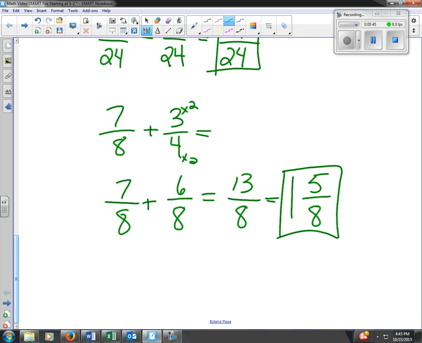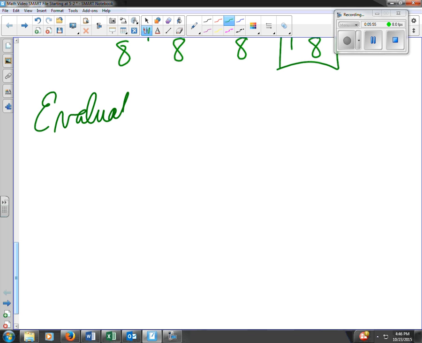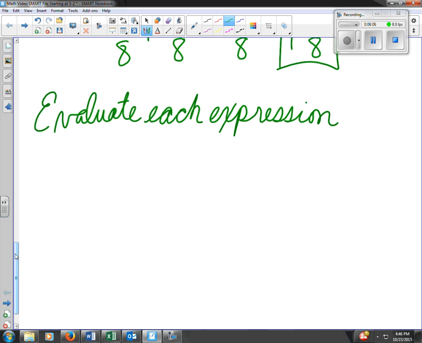The last thing I want to show you is if you're given just variables. If it says evaluate each expression, what does evaluate mean?